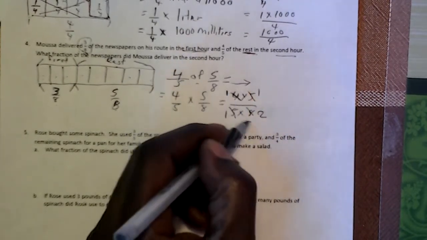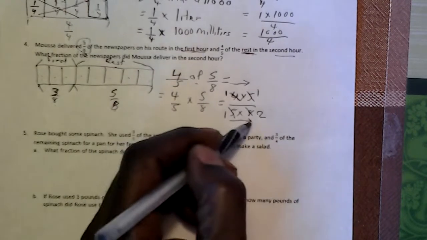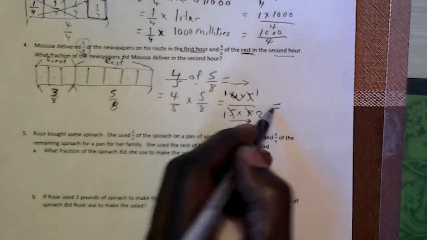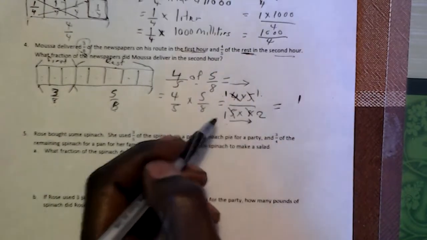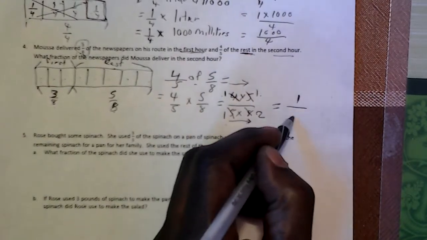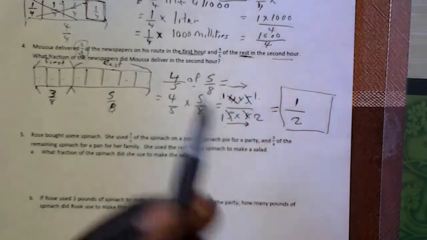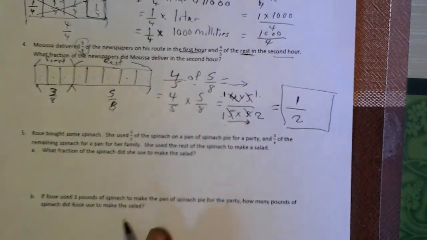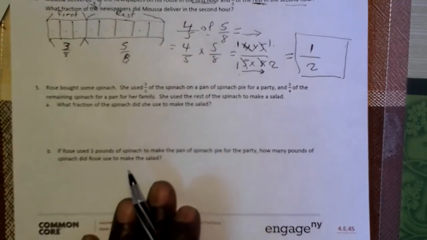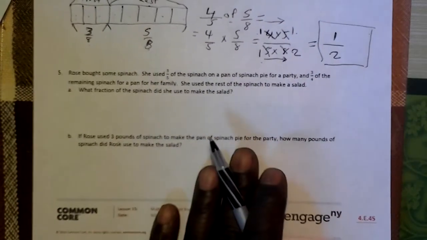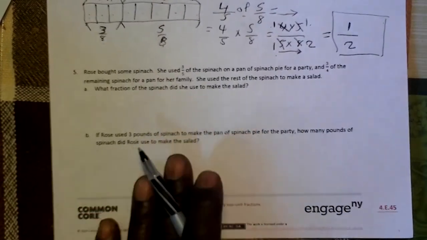So we multiply across, and that equals 1 times 1 is 1, 1 times 2 is 2. So he delivered half of his newspapers in the second hour, okay? Alright. Now, you can pause again if you need to see this, right?